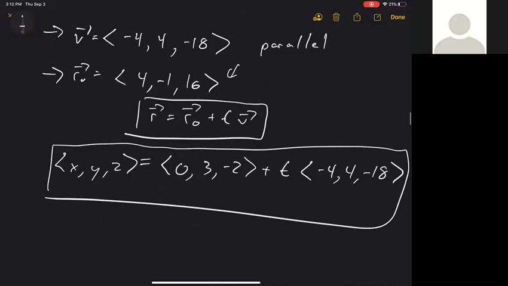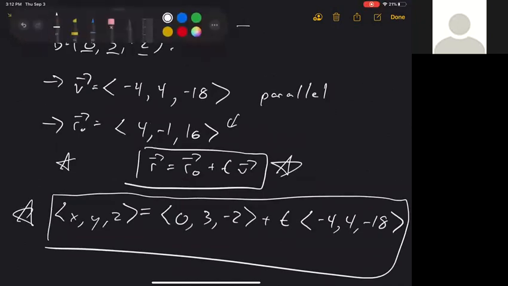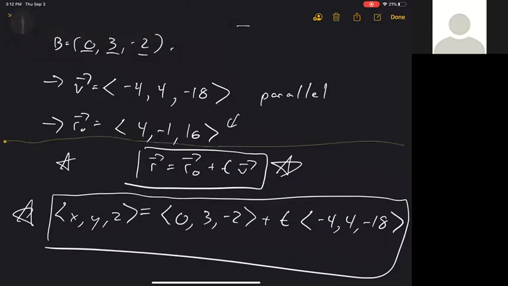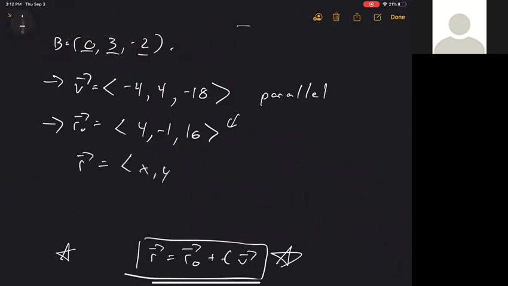So either one of these are acceptable, but if you write it like this, you need to say what each of these vectors is somewhere. And in fact, you should probably also go ahead and say r is equal to (x, y, z).